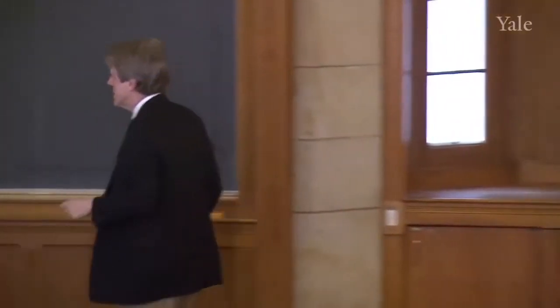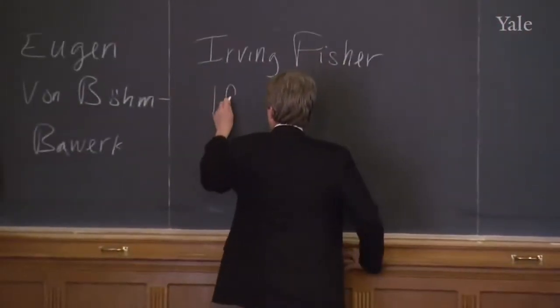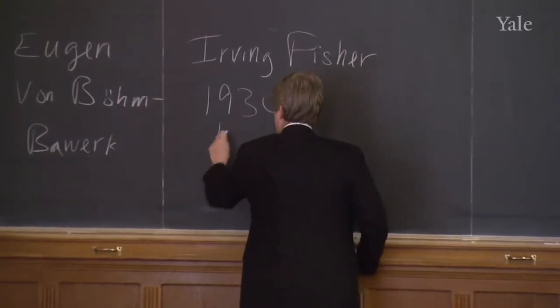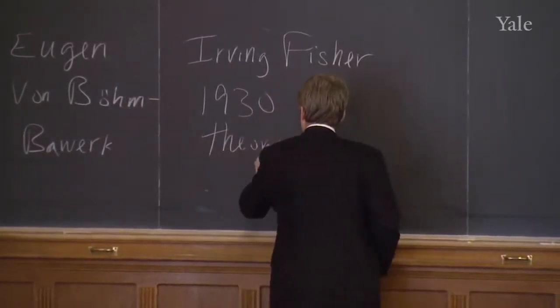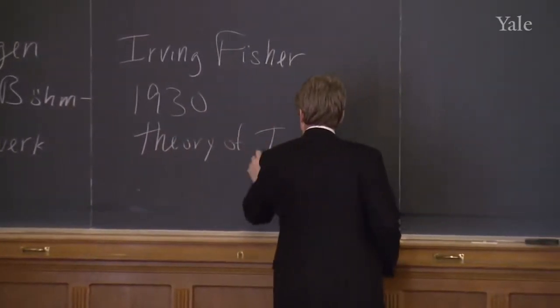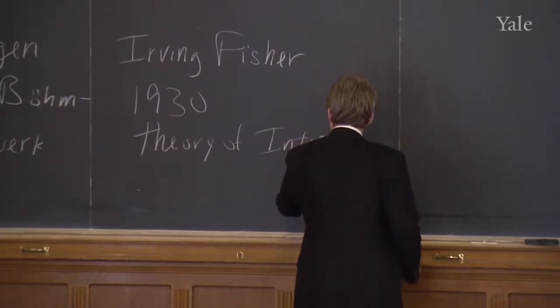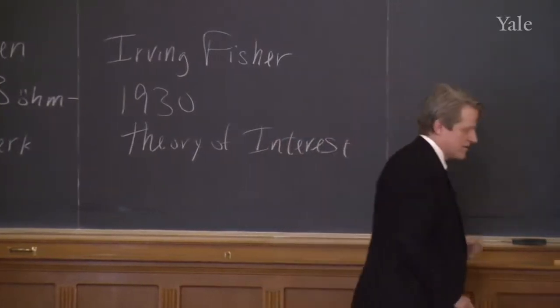But he wrote a book in 1930 called Theory of Interest. And it is the all-time classic, I think, on this topic. So Irving Fisher is talked about in your textbook by Fabozzi and in many textbooks.